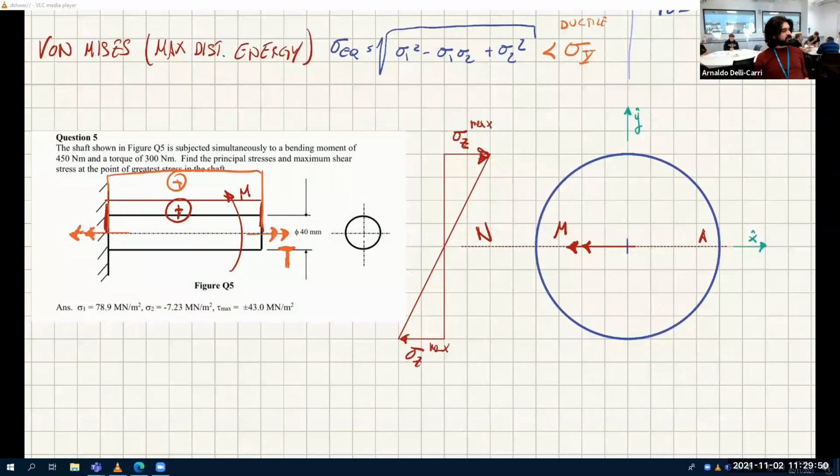And according to the twisting torque, now I can draw like this. Sorry, it's the other way because it's positive. So which one is the most stressed point according to the twisting torque? Any point around the boundary.